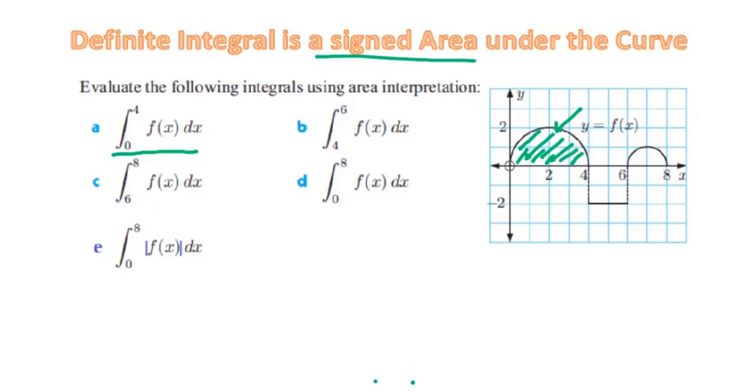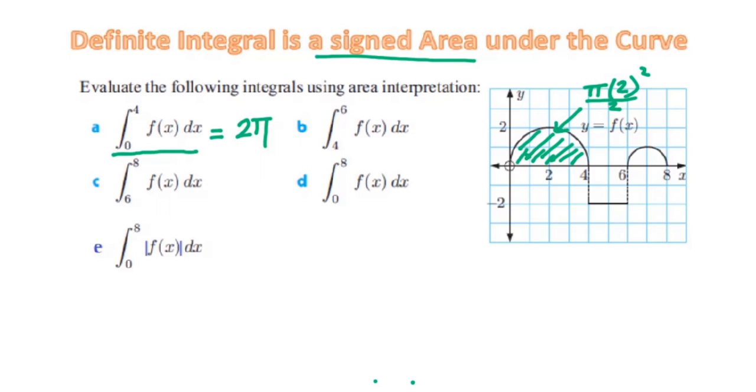So basically, that's the area of a semicircle. You will get pi r squared over 2, with r equal to 2. Therefore, you will get 2 pi.